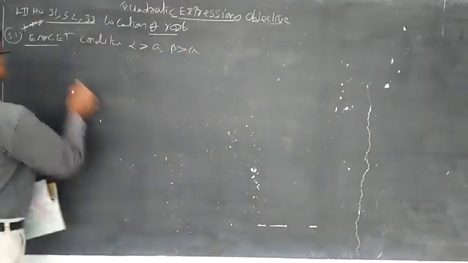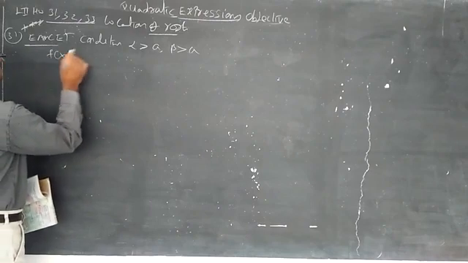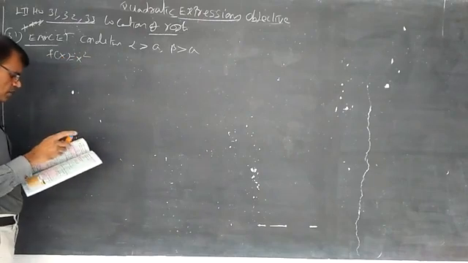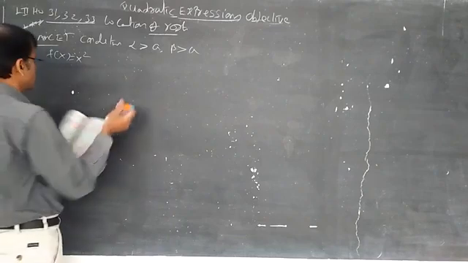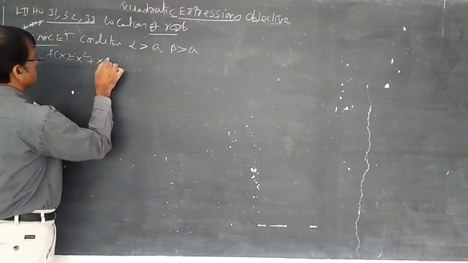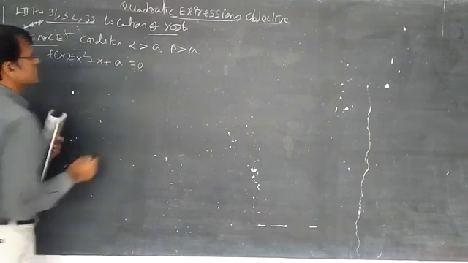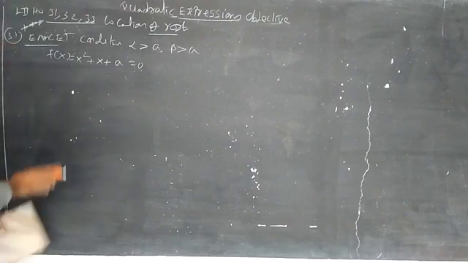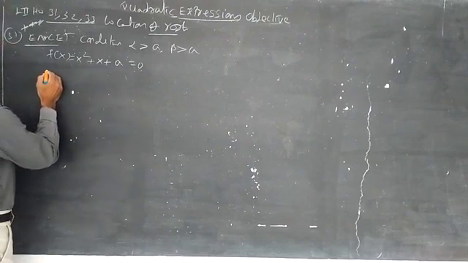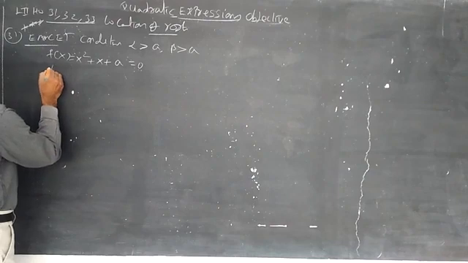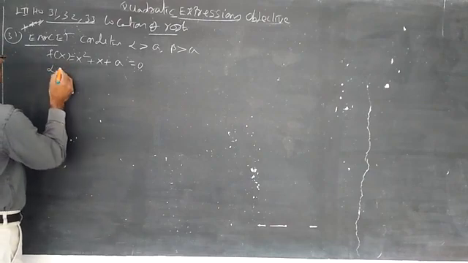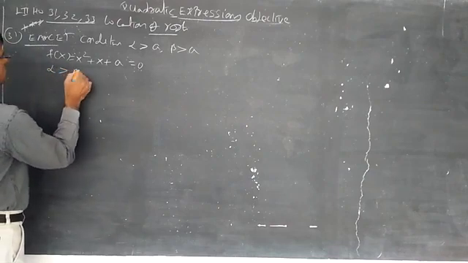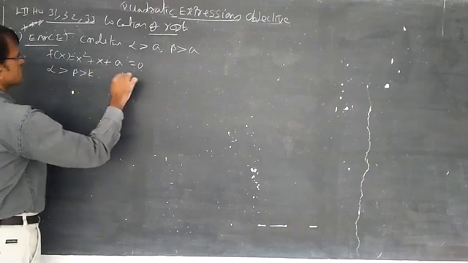I am writing f of x as x square plus x plus a equal to 0. Whenever both roots exceed a, the simple concept is alpha greater than beta greater than k, like this.